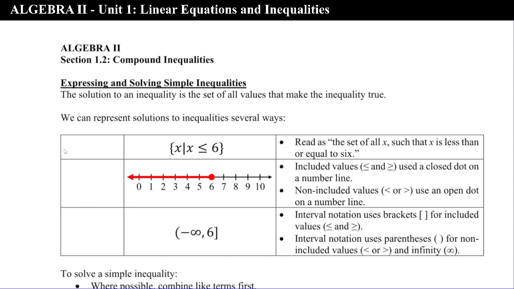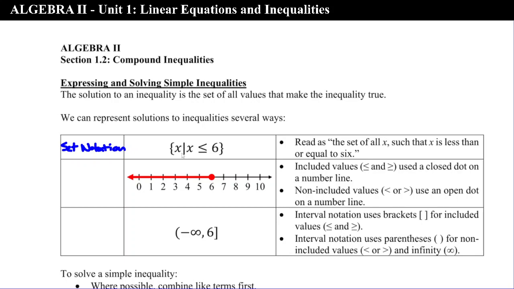Well, we have three ways. The first of which is set notation. And the big giveaway that we're using set notation is the set of curly braces that you see in the solution. Okay, so the curly braces represent a set. And we're going to just simply put in whatever our solution is into those curly braces, preceded by the variable and a vertical line.